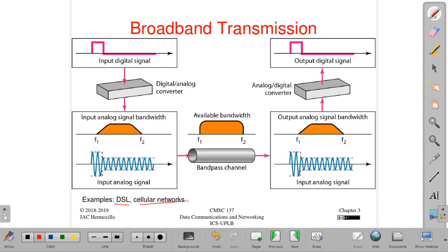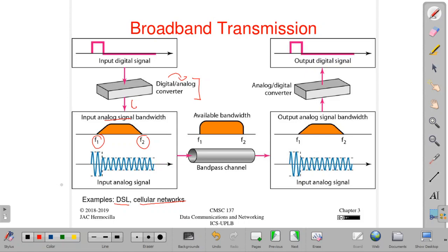So what happens in a broadband transmission? So we have this input digital signal, and then this digital signal will be passed to a digital to analog converter, and then it will output an analog signal within this band pass channel with this bandwidth.